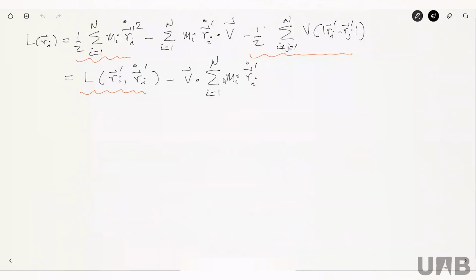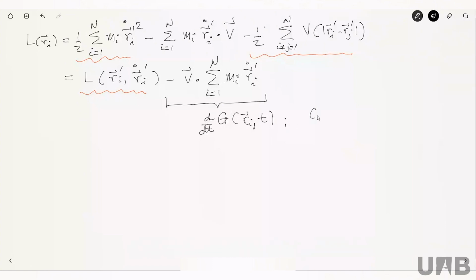Well, we can write this term here as a time derivative of something else, and adding a time derivative of some function that depends only on the generalized coordinates and time does not change the action of this system. Very good. Yes, exactly. This is the reason. Absolutely. So the reason is because this thing here is the time derivative of a function which only depends on the positions and time. Absolutely.